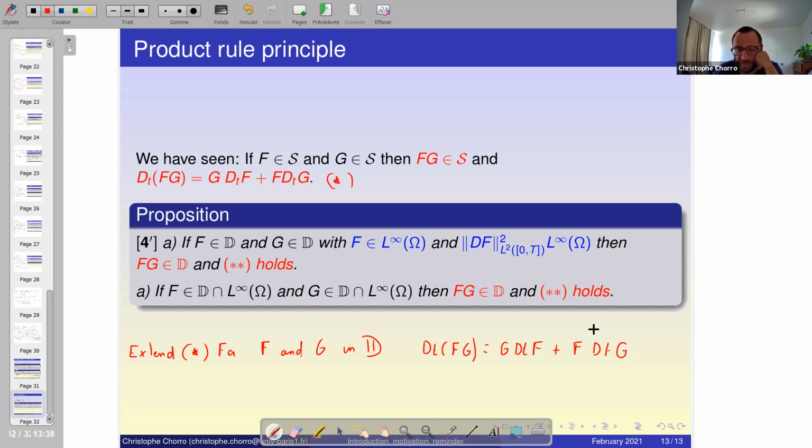Let's have a look at the integrability conditions we have for the stochastic processes and the random variables.